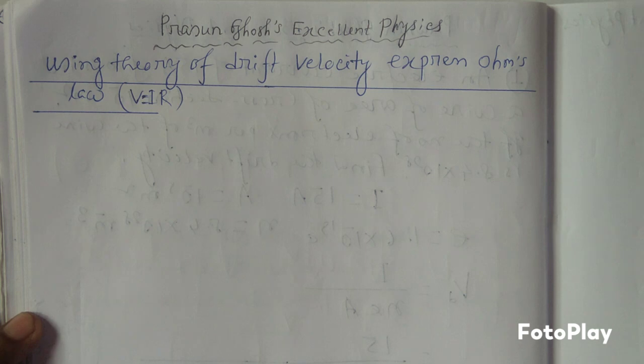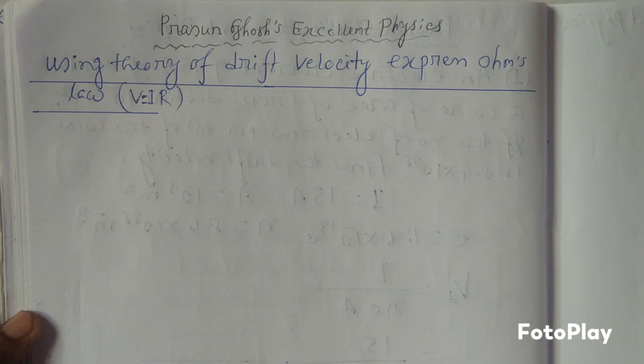First of all, we know that a metallic conductor consists of a large number of electrons. These electrons move in different directions with different velocities. So the average velocity of the electrons is 0.